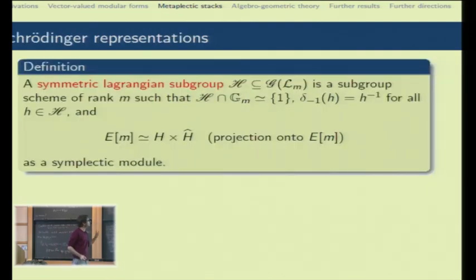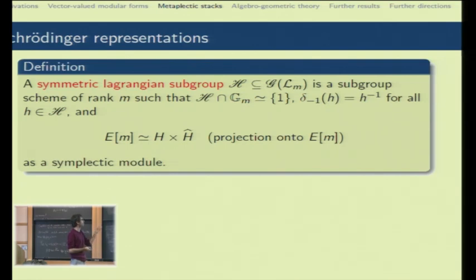Now, and here I'm reworking definitions that date back to Weil or Shale. A way to construct representations of the Heisenberg group is to take these so-called Lagrangian subgroups. These are subgroup schemes of rank m, and when you project them onto the torsion, you get an isotropic decomposition.